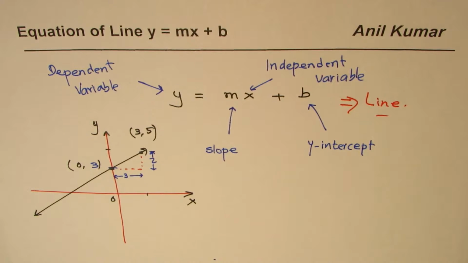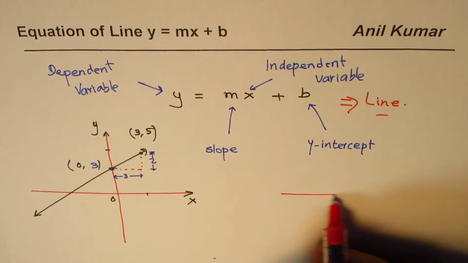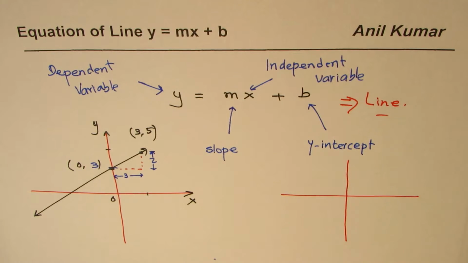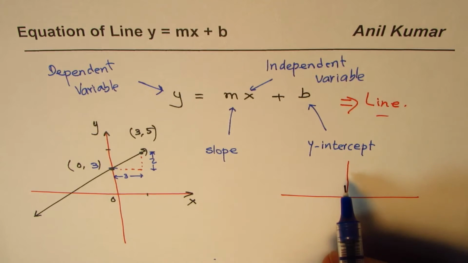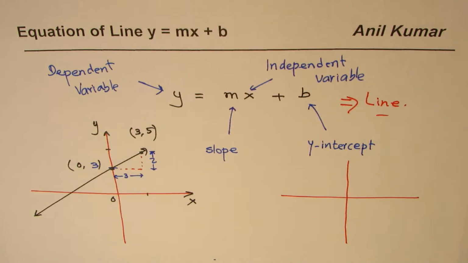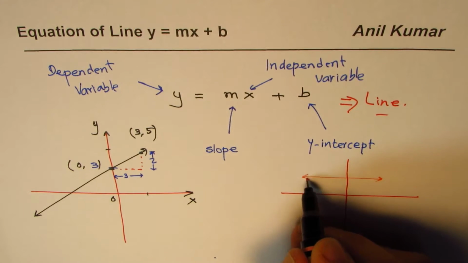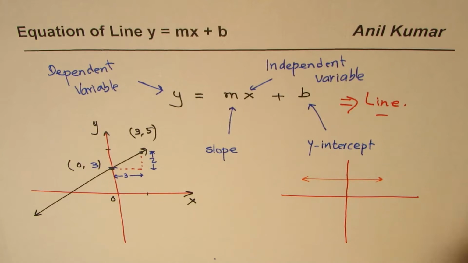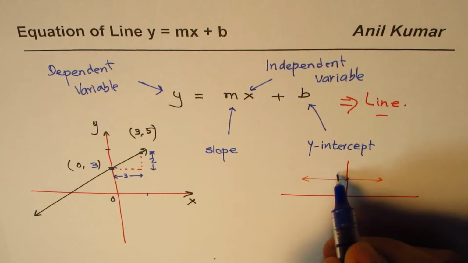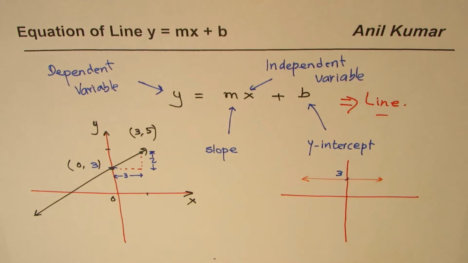Now let me take a few very special cases, and then we'll discuss what could be the equation of those lines. For example, if I have a horizontal line whose y-intercept is 3, what is going to be the equation of this line?